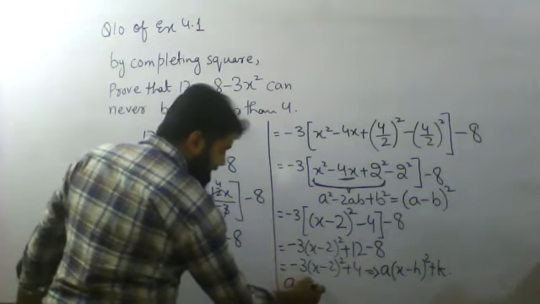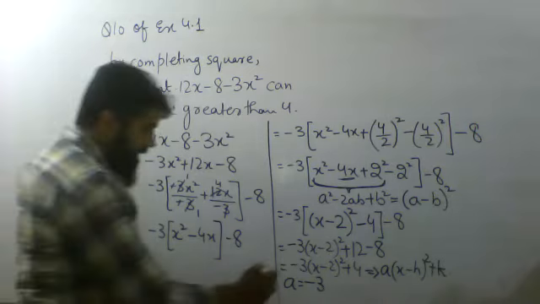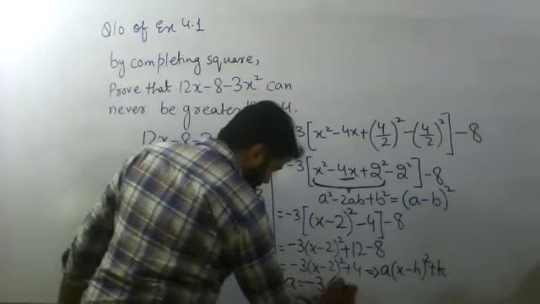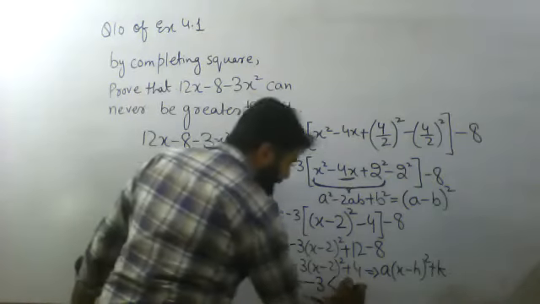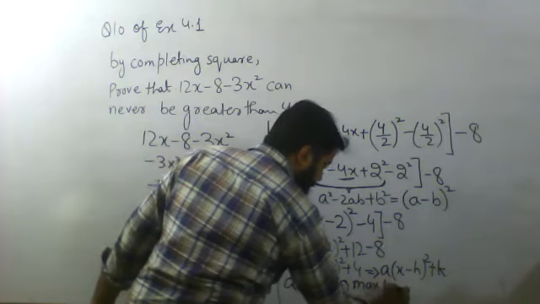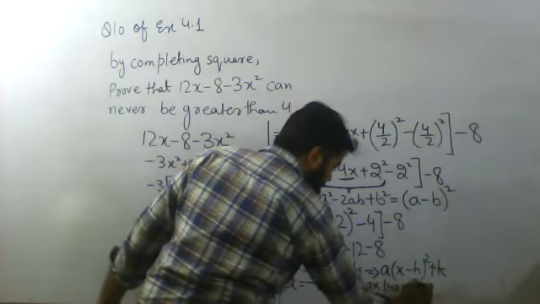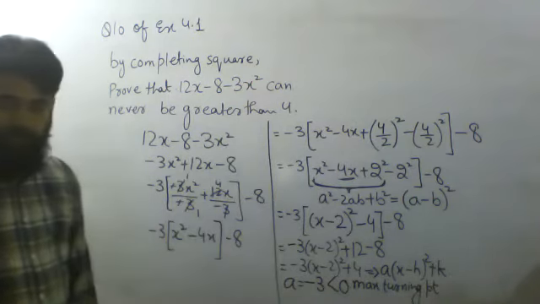Outside the bracket, this is minus 3. And minus 3 is less than 0. It means I will have a maximum turning point. I will have a maximum turning point.